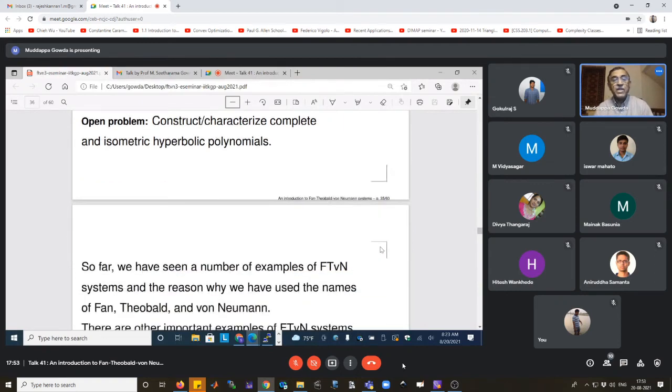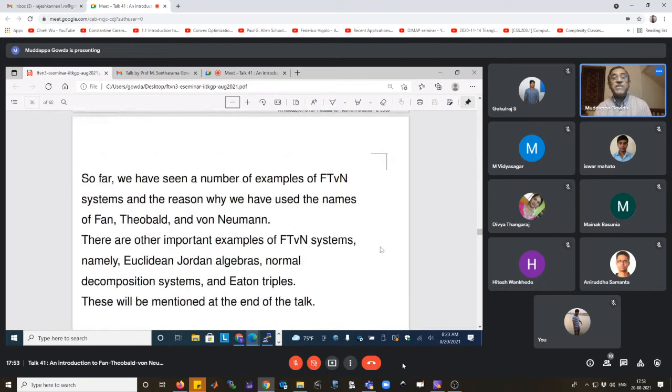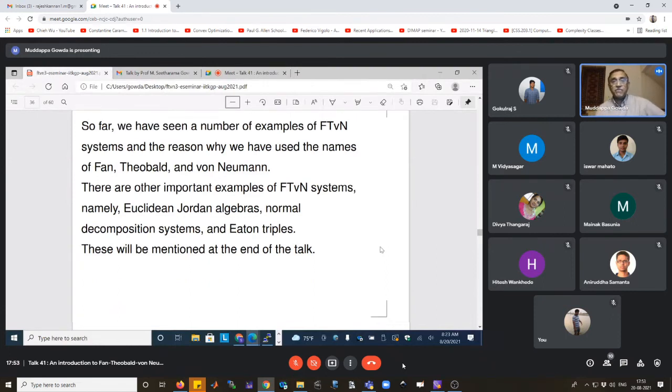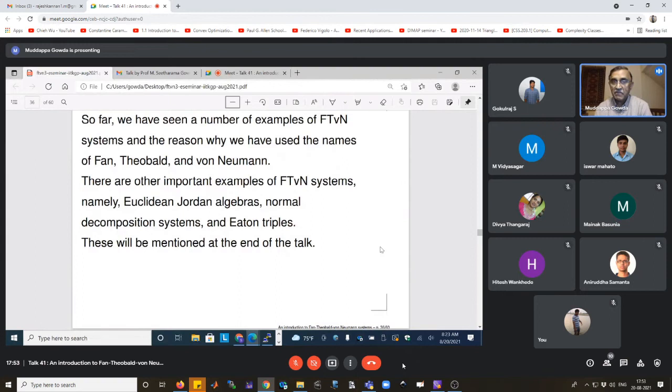All right. So far, we have seen a number of examples of FTVN systems, and the reason why we have used the names Fan-Theobald-von Neumann, and this appearance of Fan may be misleading. It should have been replaced by Richter, but that is a debatable thing. So I'm going to just leave it as it is.